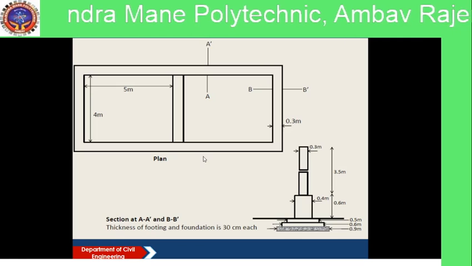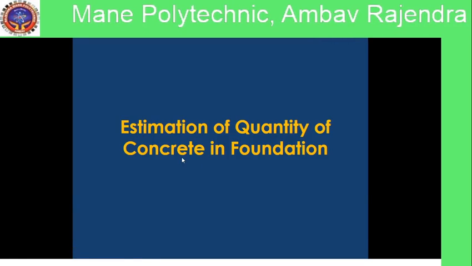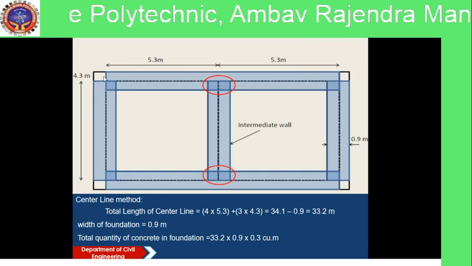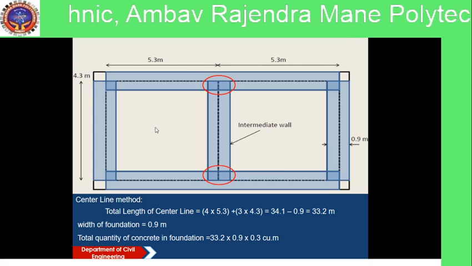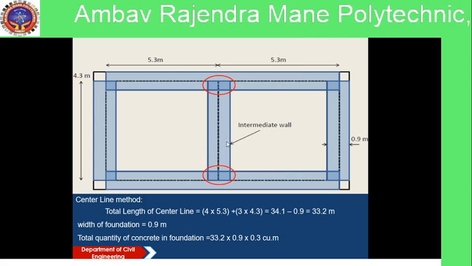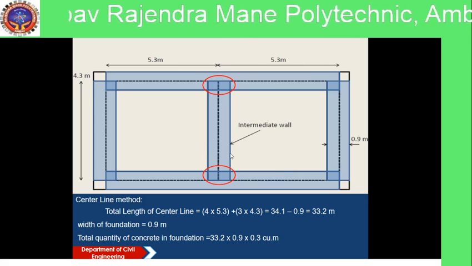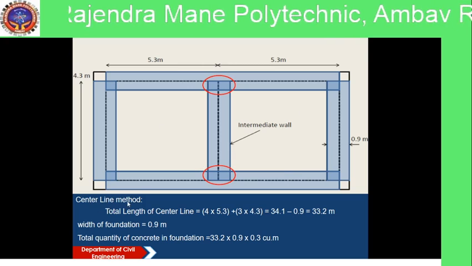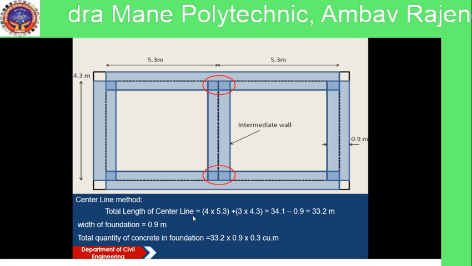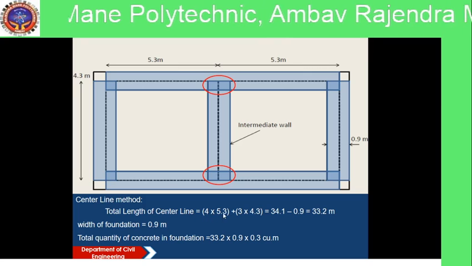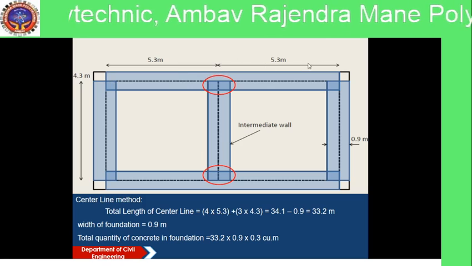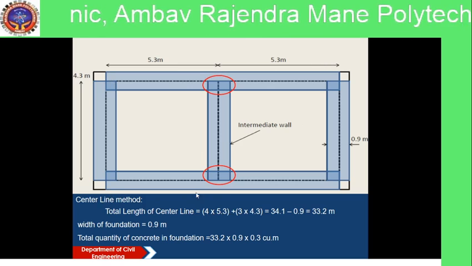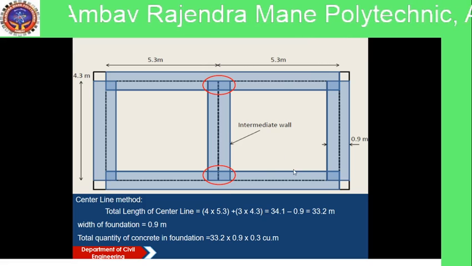Okay, so there are two rooms. So just prepare the center line plan like this. See, this is the first room, this is the second room, and there is an intermediate wall. So total center line length is equal to four walls of 5.3: this length 5.3, this 5.3, again this 5.3 and this 5.3.